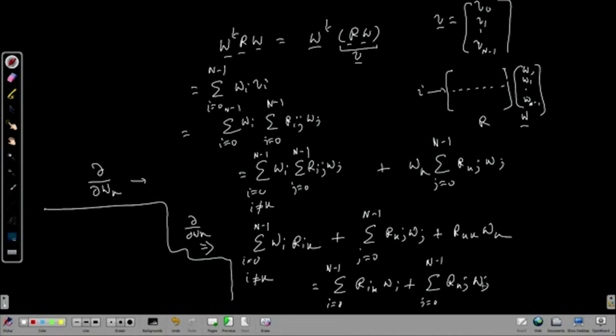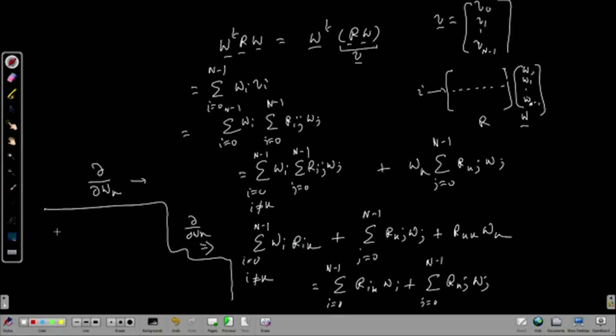So, R k 0 W 0 when i equals 0, R k 1 W 1 and like that. So, no change whether you are using j as the index or i to replace it. So, I replace j by i here and r i k is the same as r k i. So, I will have r k i w i again, r k i w i, the same summation.